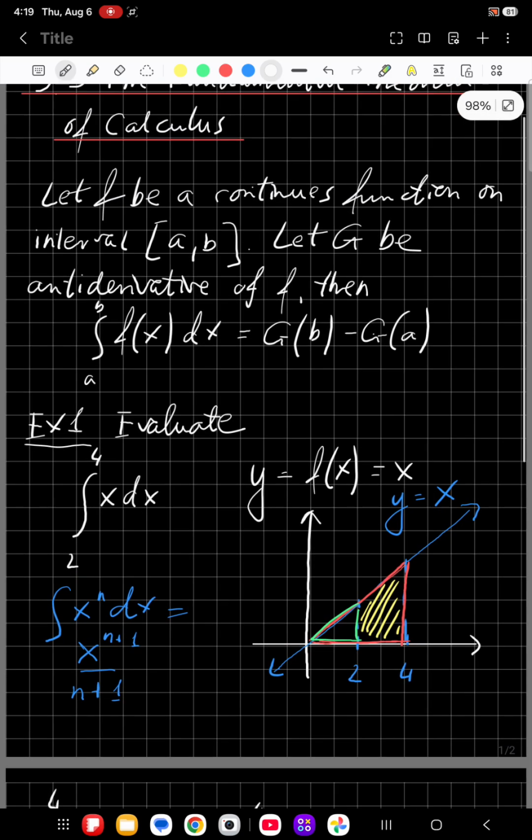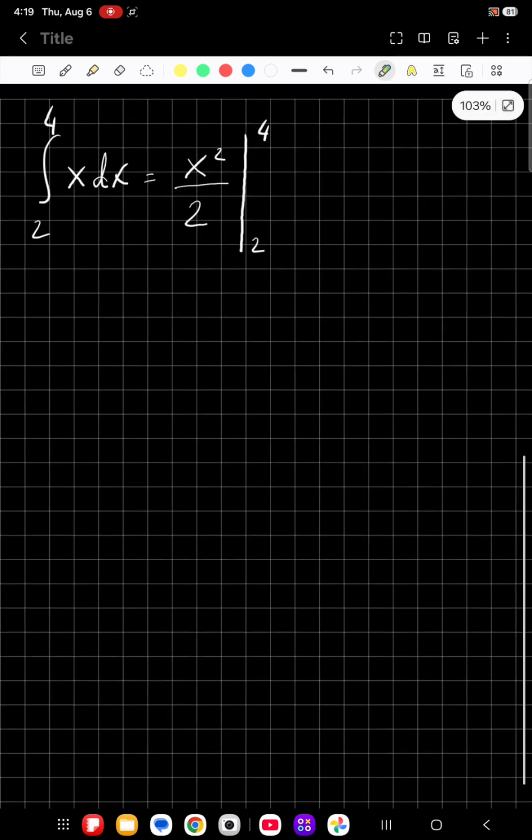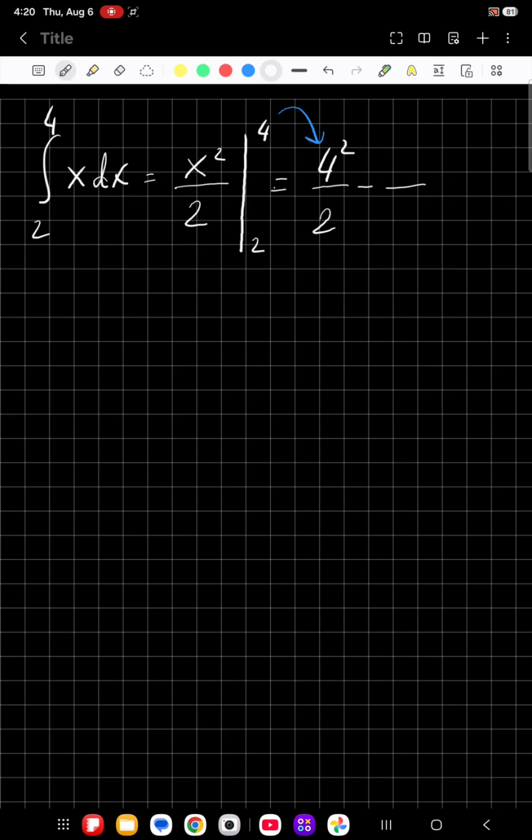So I calculate the antiderivative, or I do the integral, that's our g. And now I'm plugging in 4 and 2. So it looks like this, right? So I have 4 squared over 2 minus, now I'm plugging in 2, 2 squared over 2.